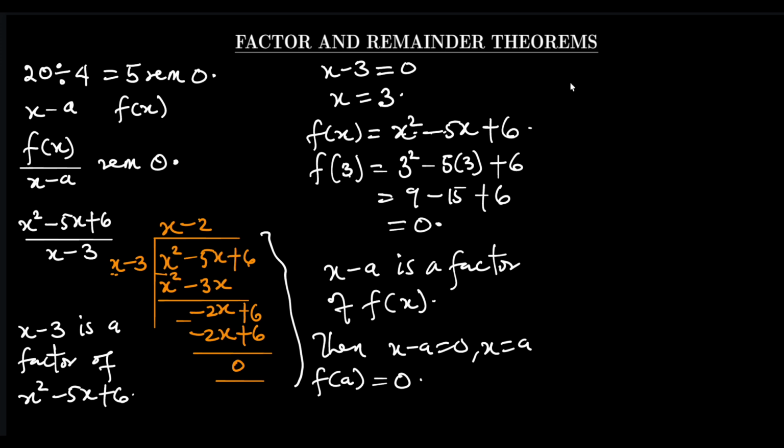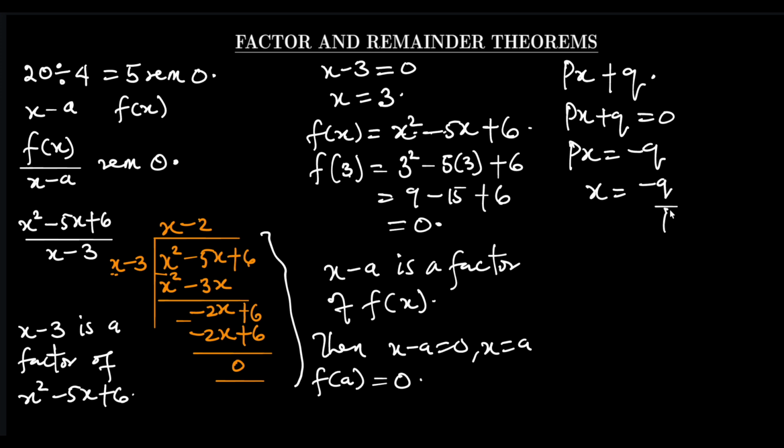Now you can have your factor to be in the form px plus q instead of x minus a. That is, you have a coefficient for x that is not 1. So what you do is basically almost very similar. You take px plus q to be equal to 0, and then px equals negative q, and then x equals negative q over p.